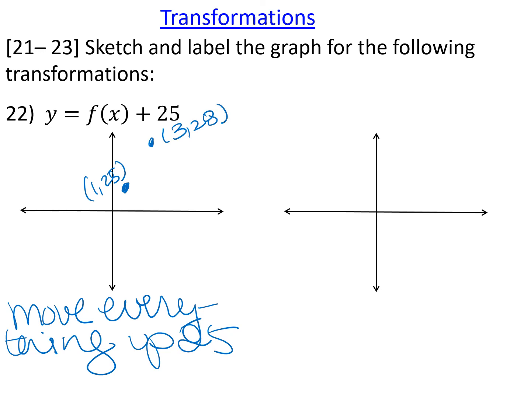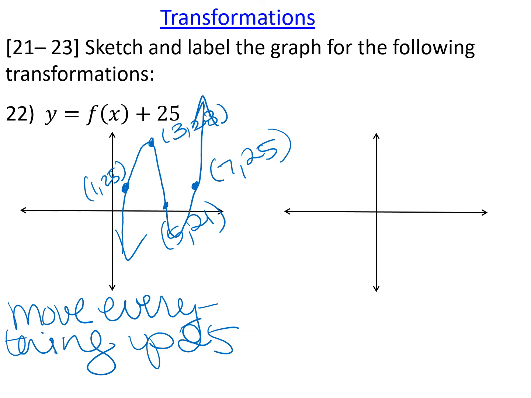That 5, negative 4 becomes 5, 21. I think, right? Negative 4, yeah, okay. And then that 7, 0 becomes 7, 25. But I'm going to connect it with that same pattern.